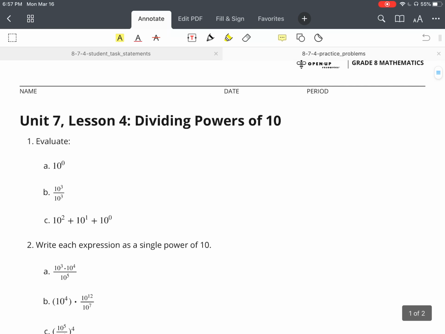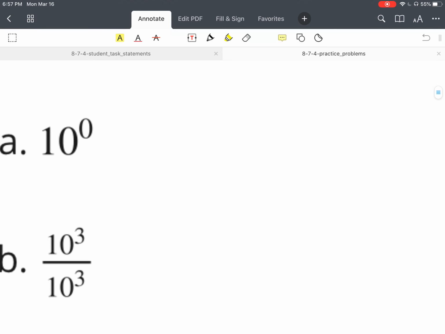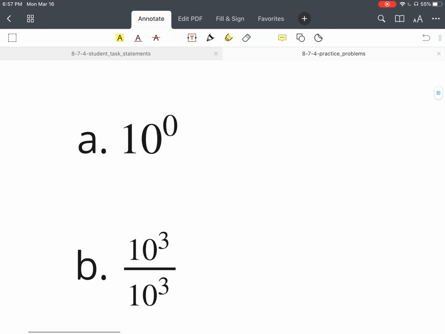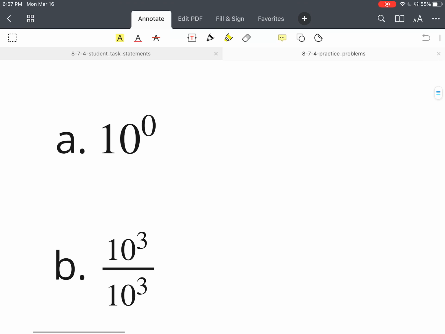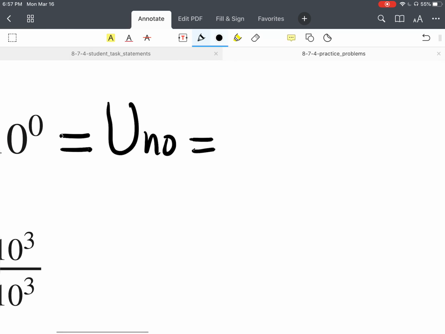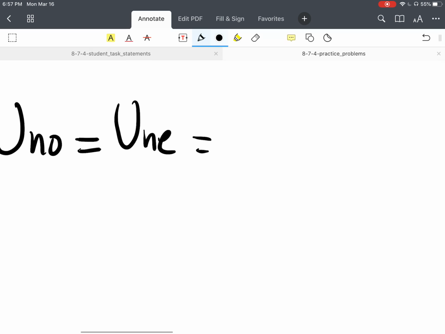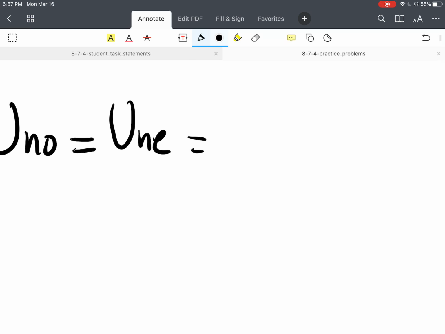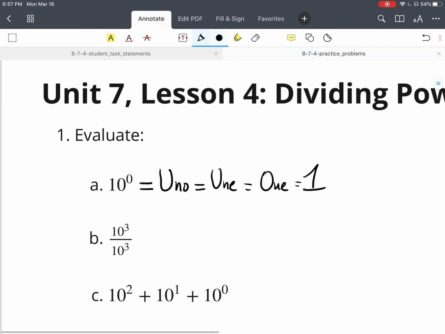Alright, well, what does 10 to the 0 equal? Oh, that makes sense. This equals uno, which is the same thing as the word une in French, which is the same thing as one, which is this beautiful number.